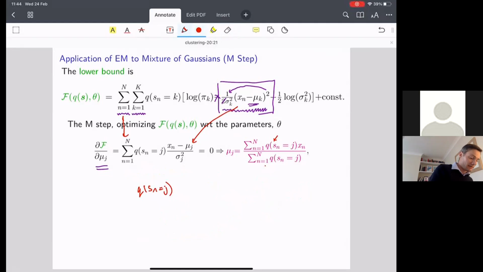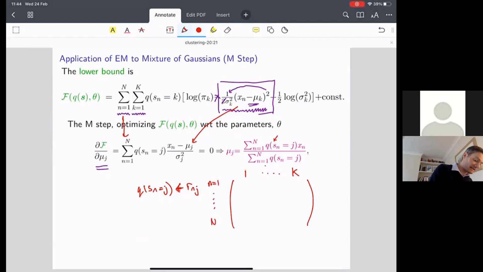Remember, this is the thing we also called our responsibilities from before, the R_nj's. These are numbers that we can put into a matrix, with n equals 1 through to big N rows, and j equals 1 to big K columns.